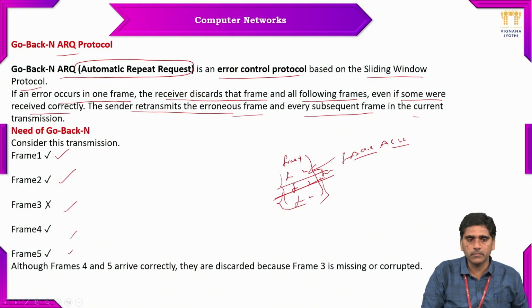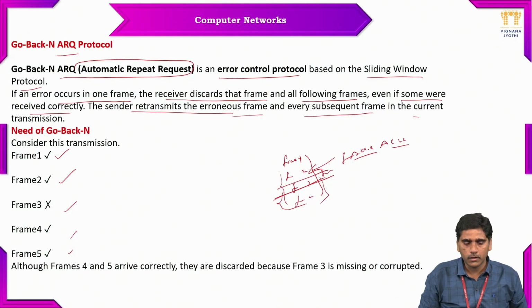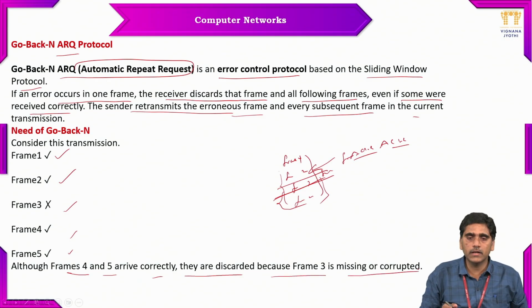Out of these 5 frames, frame 3 has the error; although frame 4 and frame 5 arrive correctly, they are discarded, because if frame 3 is missing or corrupted, frame 4 and frame 5 also may be corrupted or discarded.